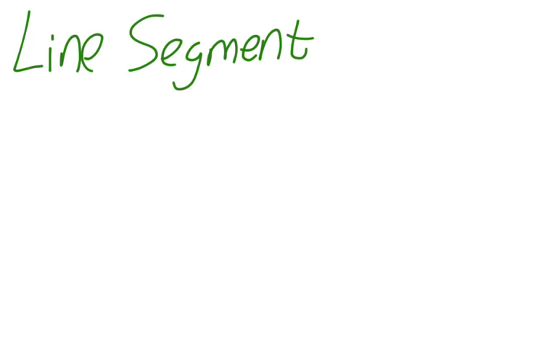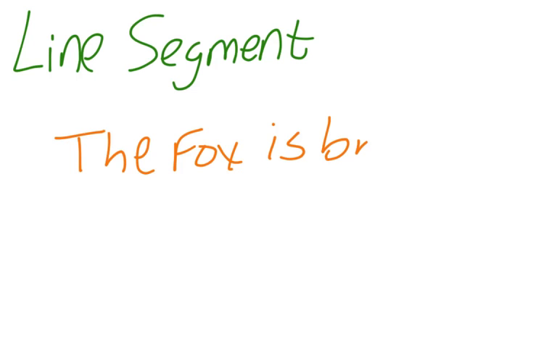Now let's talk about a line segment. If I wrote up here, the fox is brown, and at the end of this I put a period, that period means the end of the sentence. The sentence is done and over. So that's what a line segment is. A line segment is a line that has two periods on it.